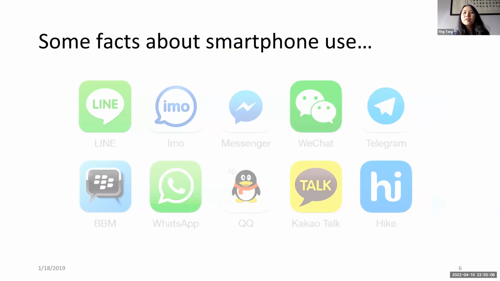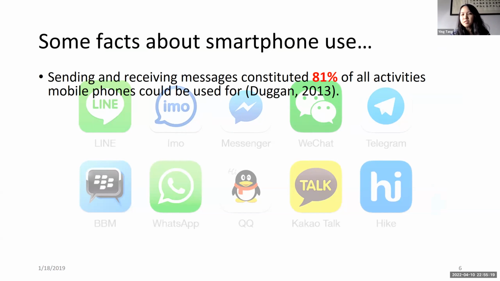And there are some facts about smartphone use, and these are data I collected when I was doing this study. So they were back then, probably 6-7 years ago. Sending and receiving messages constituted 81% of all activities mobile phones could be used for. I think this number would go up right now.